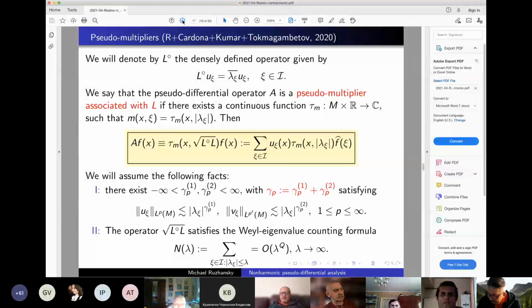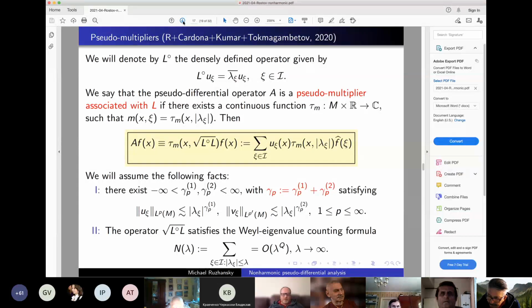Maybe I'm running a little bit out of time, so I will say that we have some additional assumptions, like we assume that there is some order so that we have the eigenvalue counting formula for the operator, which is natural. Well, we always have this formula.